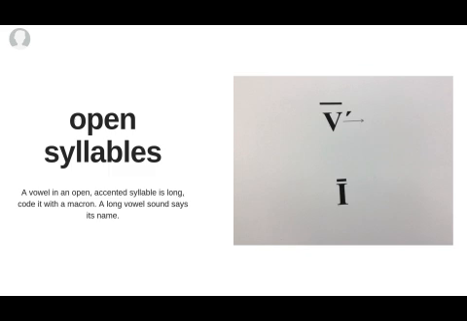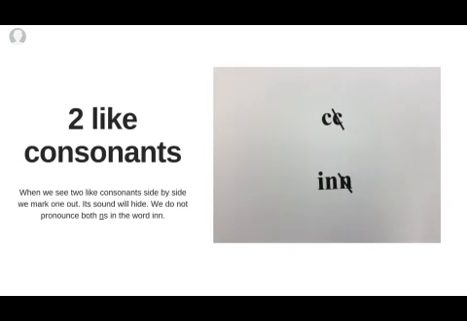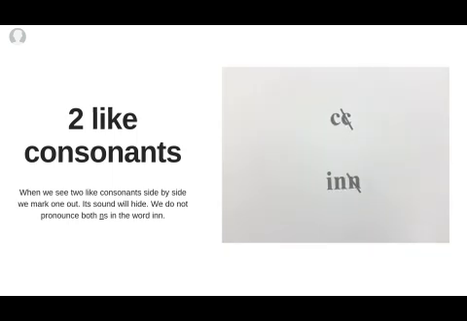Open syllables. A vowel in an open, accented syllable is long, coded with a macron. A long vowel sound says its name. Two like consonants. When we see 2 like consonants side by side, we mark one out, its sound will hide. We do not pronounce both Ls in the word bell.